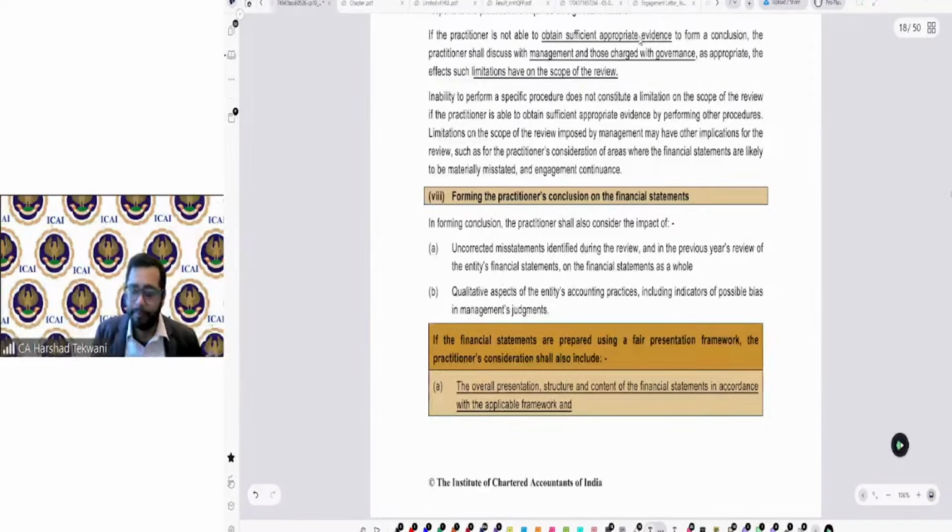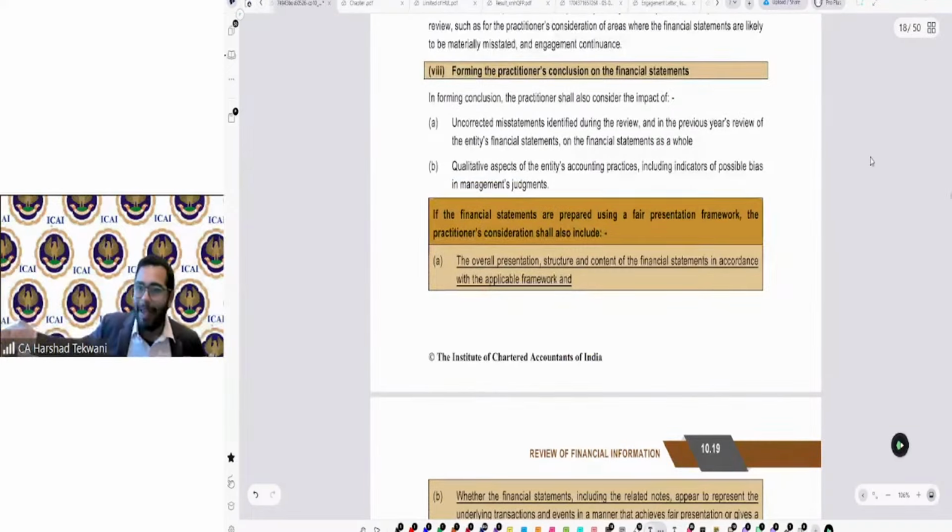In SA we have separate standards, SA 700 and 705, dealing with the types of opinions. But in SRE, we don't have a separate SRE for unmodified or modified opinions.